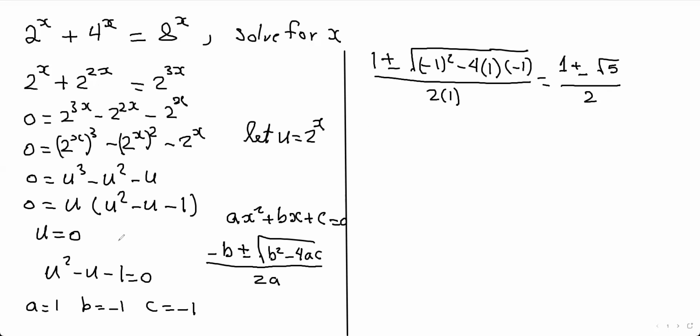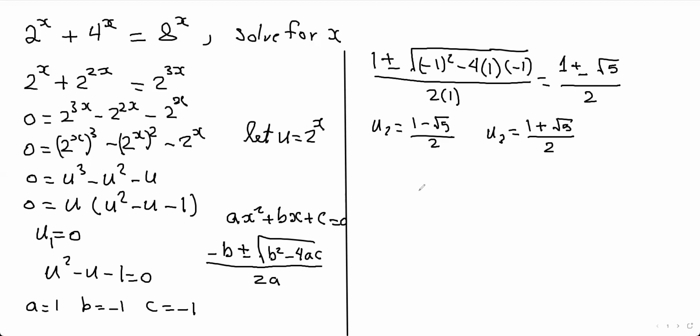Therefore, we can call this u1 equals 0, u2 equals 1 minus root 5 over 2, and u3, the third value, would be 1 plus root 5 all over 2. Okay, so these are the 3 values for u that make the expression 0. Now we're going to go back and sub in 2 to the power of x for u.